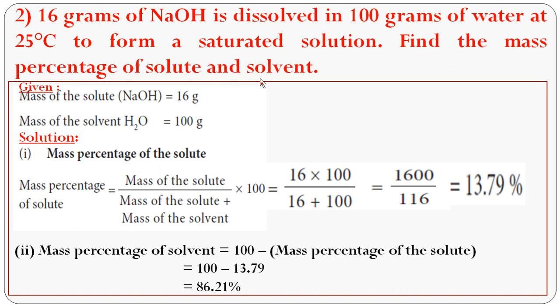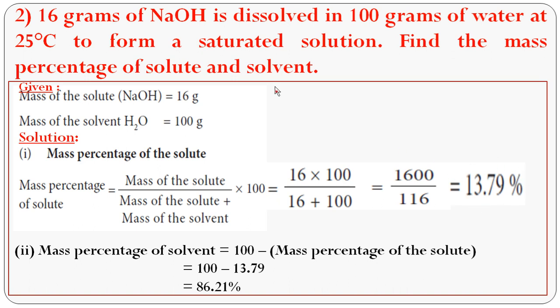Mass percentage of the solute is equal to mass of the solute by mass of the solute plus mass of the solvent into 100. So 16 by 16 plus 100 into 100. So 16 by 116 into 100, you multiply it and divide it, you can get the answer 13.79 percentage. This is the mass percentage of solute.